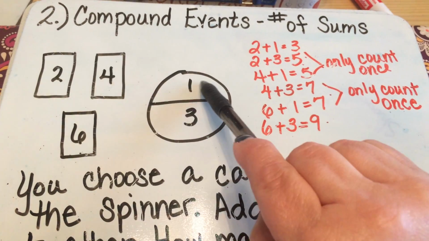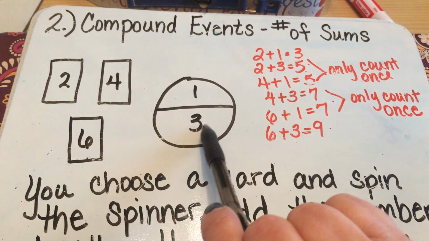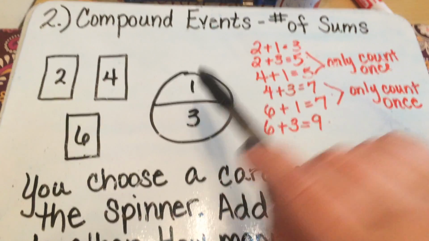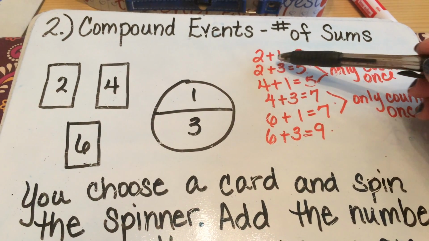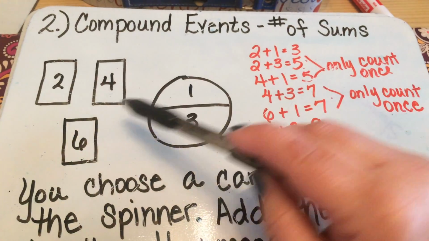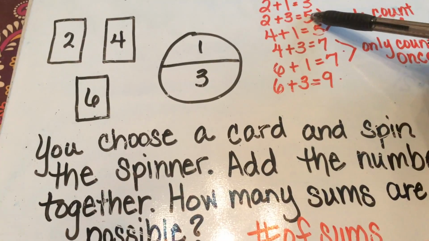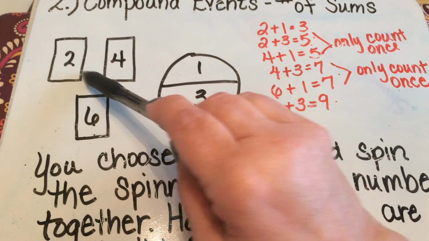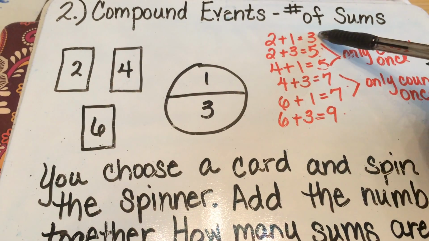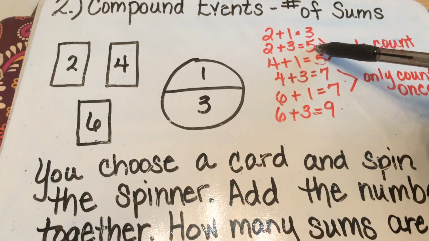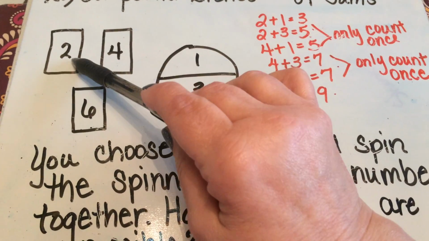You would have 2, 1, or 2, 3. But if we're adding the outcomes, it's going to be 2 plus 1 equals 3, or 2 plus 3 equals 5. So you draw a card, spin the spinner, and these are the 2 outcomes you could have if you drew the card number 2.